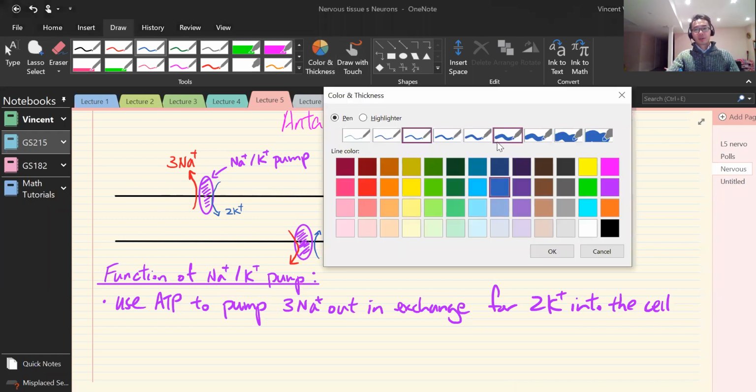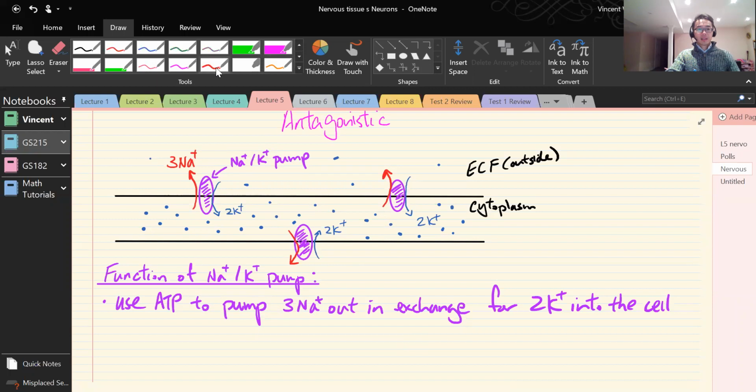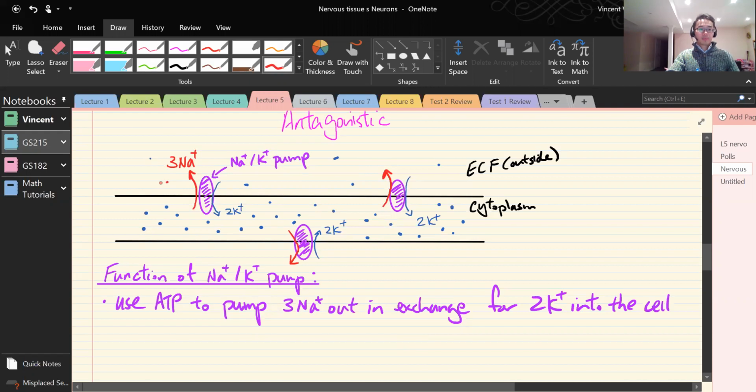I hope you got your markers. If you bring a lot of potassium in, you will end up having a lot of potassium on the inside, and then not so much outside. And for sodium, it is the other way around. You will have a lot of sodium outside, and not so much inside.